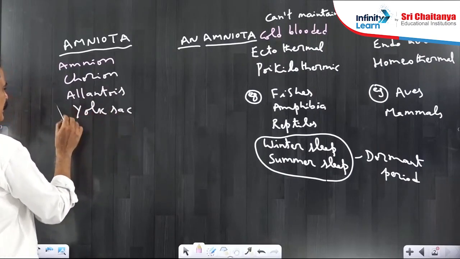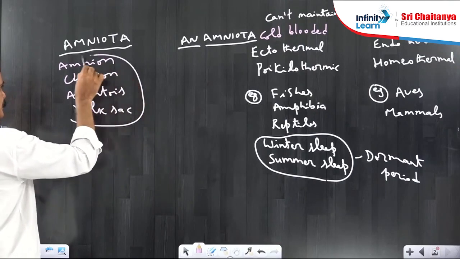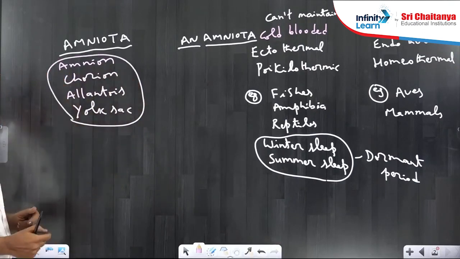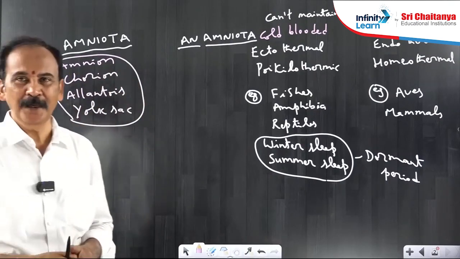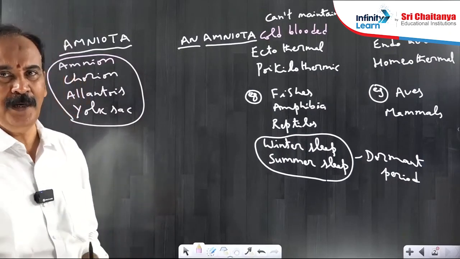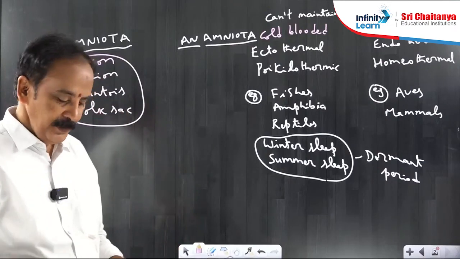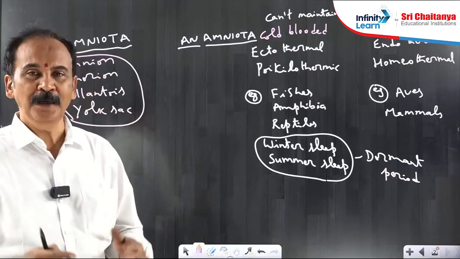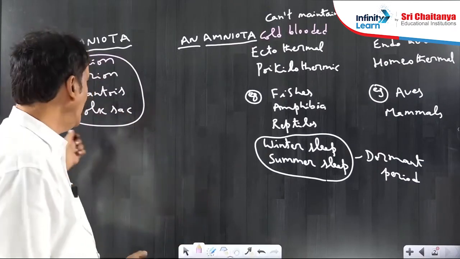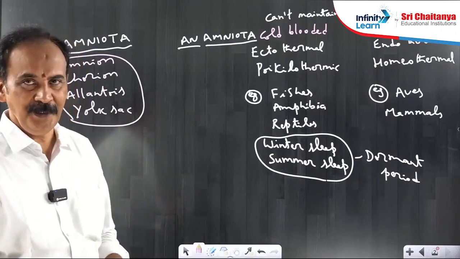These four membranes we call extra embryonic membranes, or fetal membranes, which help in supporting the embryonic development by doing different functions, right?